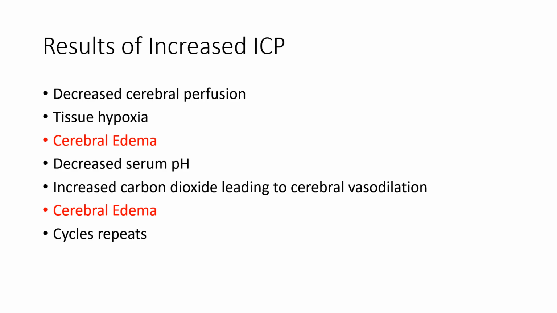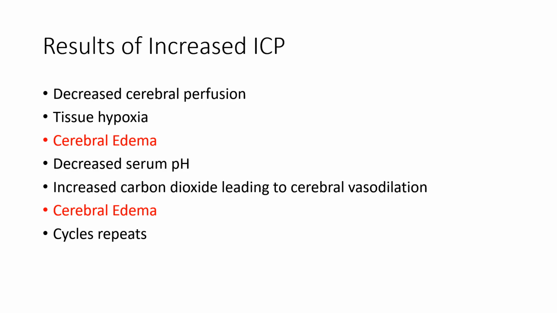When this intracranial pressure increases, it causes a decrease in cerebral perfusion. So the cerebral cells and tissue are not being perfused adequately, and that results in tissue hypoxia. Tissue hypoxia then causes brain swelling or cerebral edema.